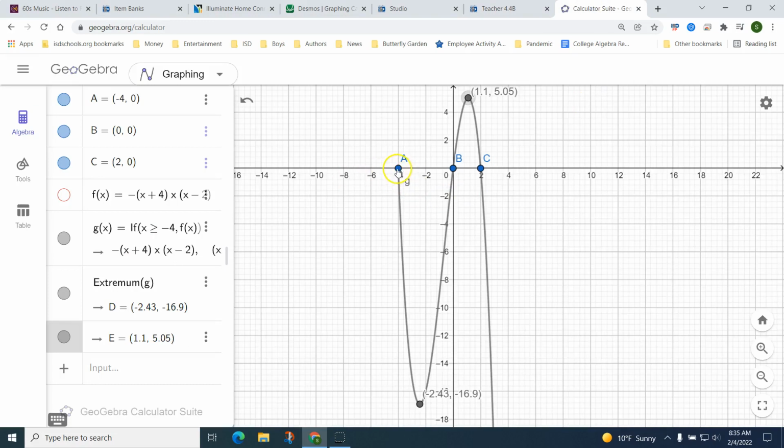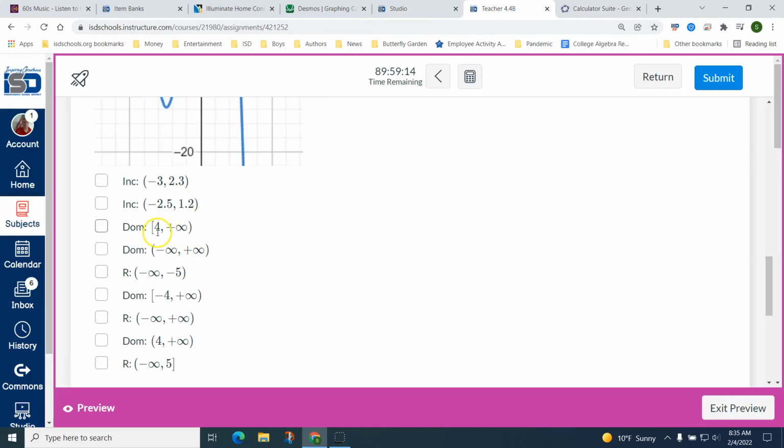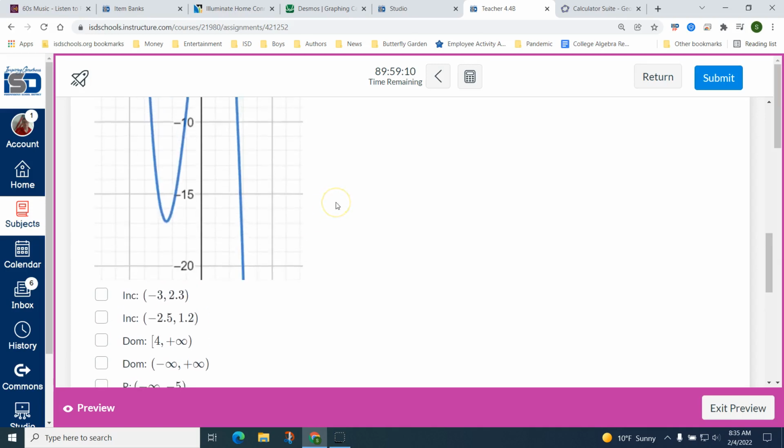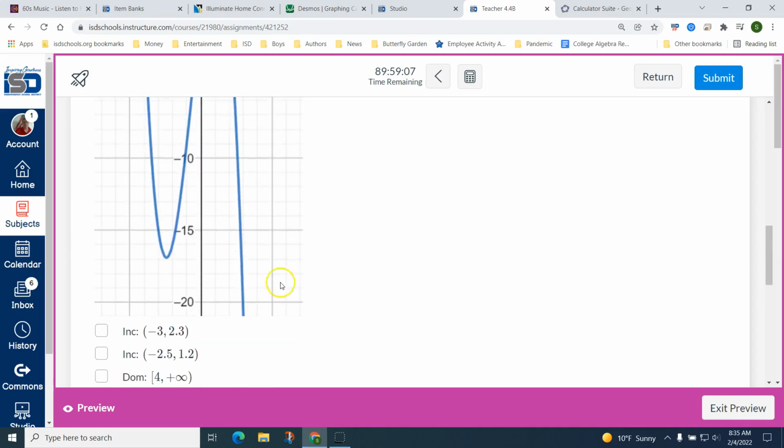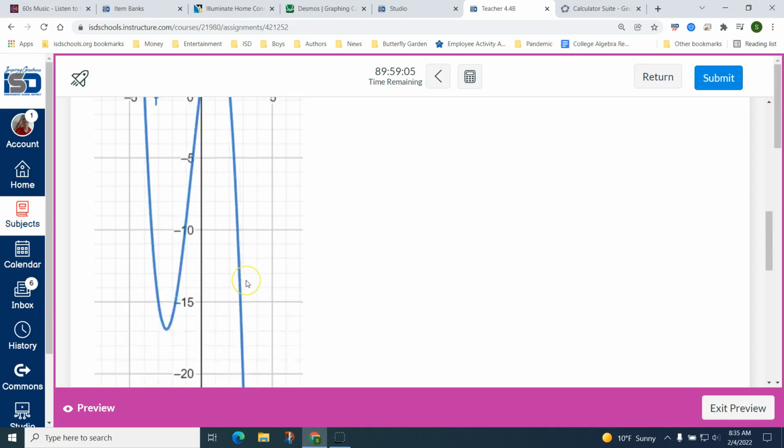We got our domain. Our domain starts at negative 4 and it goes to positive infinity. Now it's equal to negative 4, so we're going to hit a bracket. Okay, so domain is from negative 4 to positive infinity. The range. All right, the range comes from negative infinity.